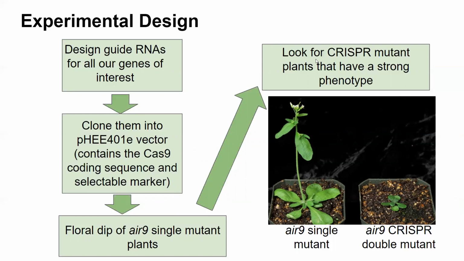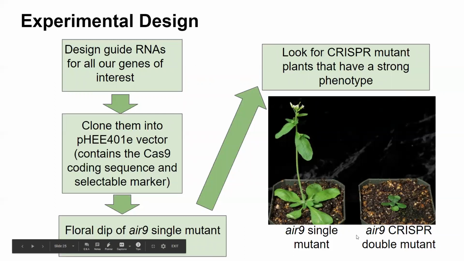And then what we'll do is screen those CRISPR-Cas9 mutants that have their genes knocked out in the AIR9 single mutant background, and we're interested in finding plants that have a severe growth defect compared to the AIR9 single mutant, because that will indicate that that gene we knocked out may be important in the TAN1 pathway for division plane orientation.